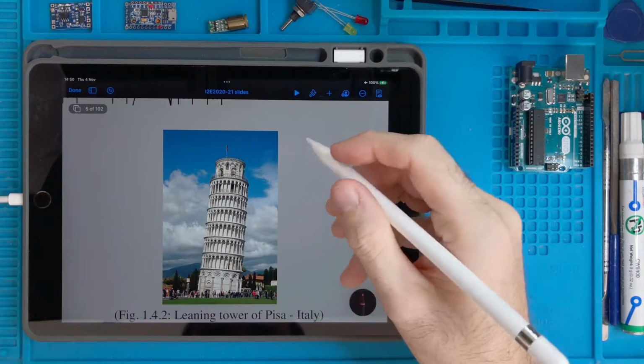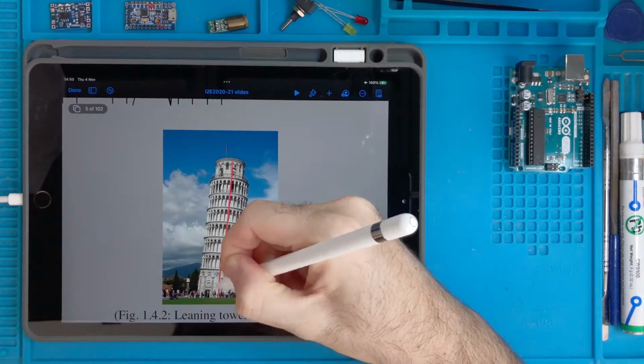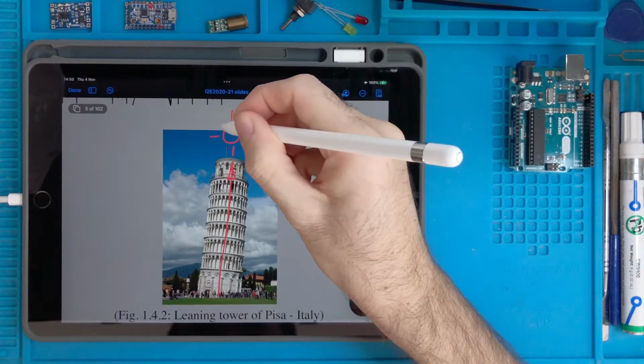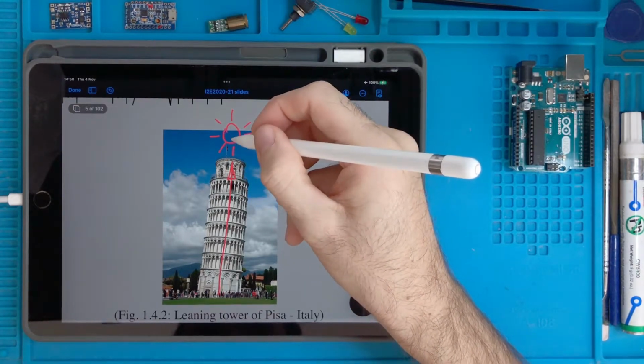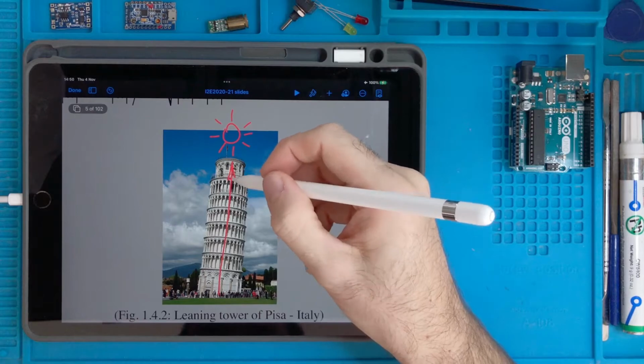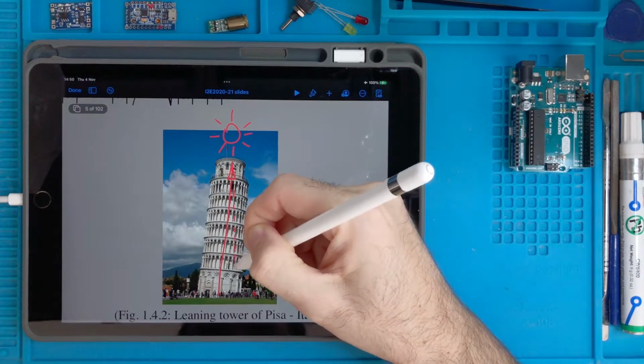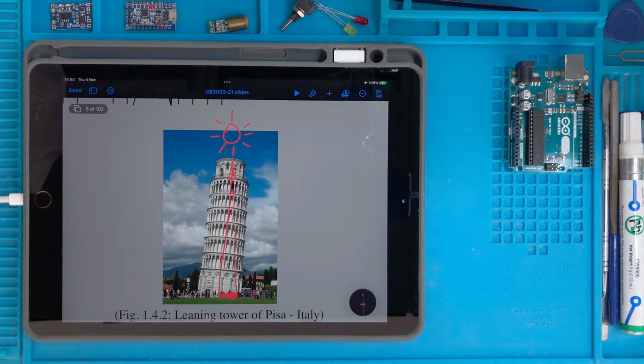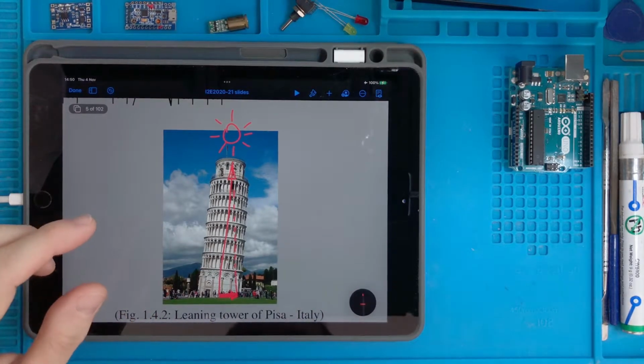So if the sun here is illuminating this downwards, then there will be a shadow here, which is the geometrical projection. So it tells us how much in that direction the tower is leaning.